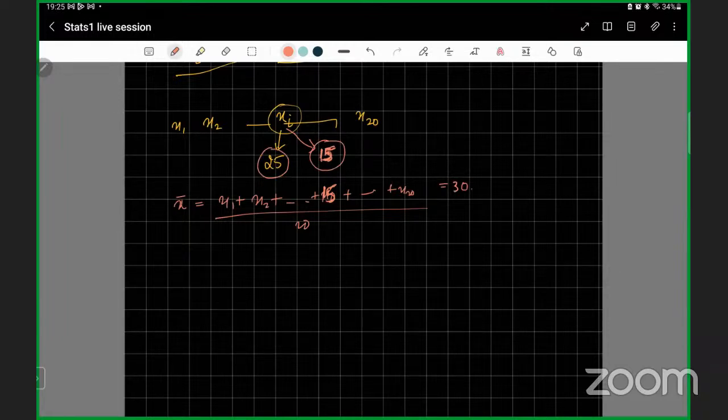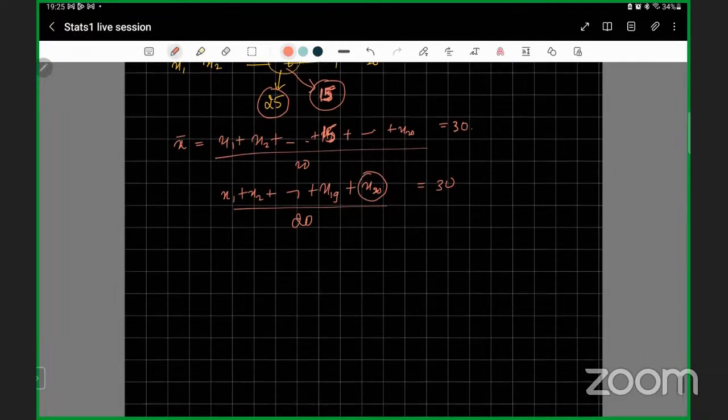So what will you do? Let's say x1 plus x2 plus up to x19 plus x20, divided by 20, is 30. Let's keep it aside.